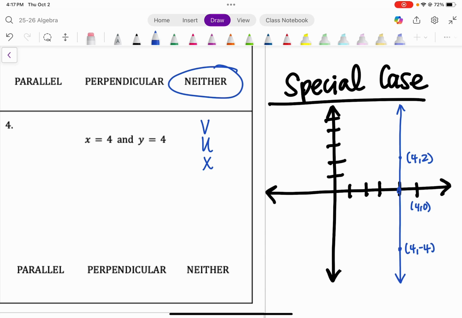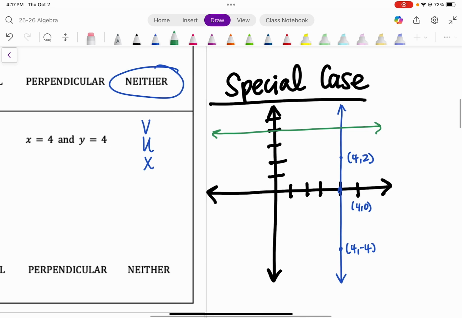And then y equals 4. Everything that's HOY, we use HOY to remember that's a horizontal line, the slope is 0, and everything here has a y value of 4. So (0, 4), this might be (-3, 4), this could be (3, 4).